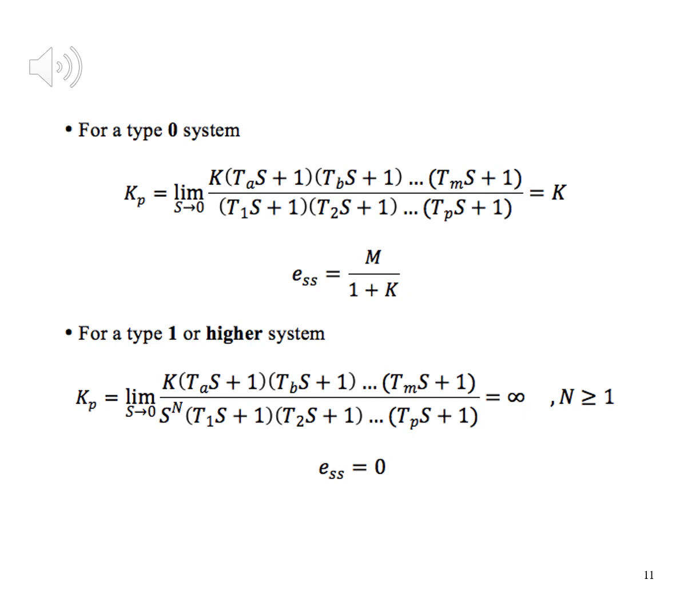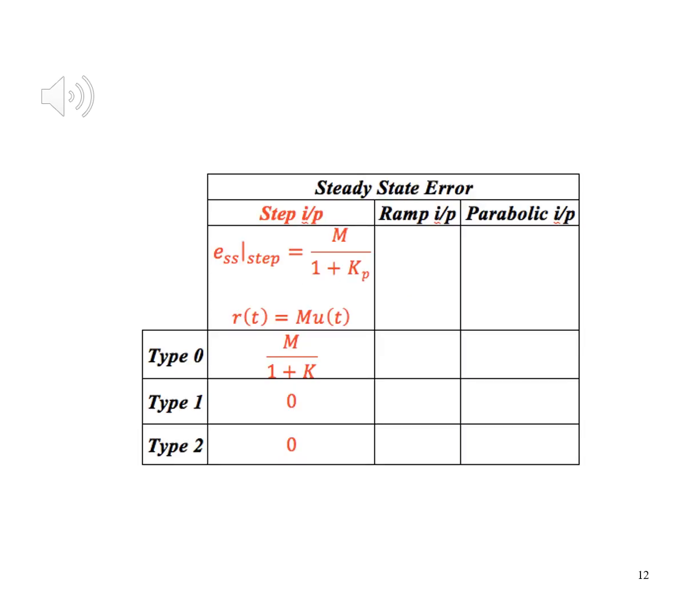Let's move to the next slide. Here is the table where we have discussed the step input, the steady state error due to a step input, as shown in the equation in red here. When I have a step input, it equals m over 1 plus Kp, that is your form. The step input means what form? R of t equals mu of t. Now if I have type 0, what is the steady state error? It's equal to m over 1 plus K. If I have type 1, the steady state error will equal 0.